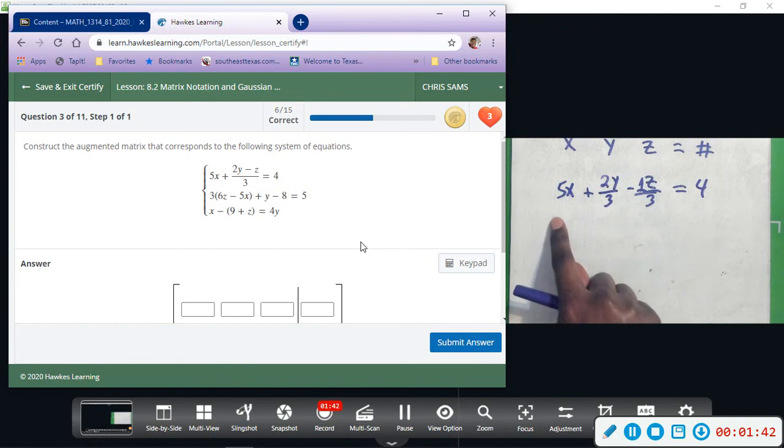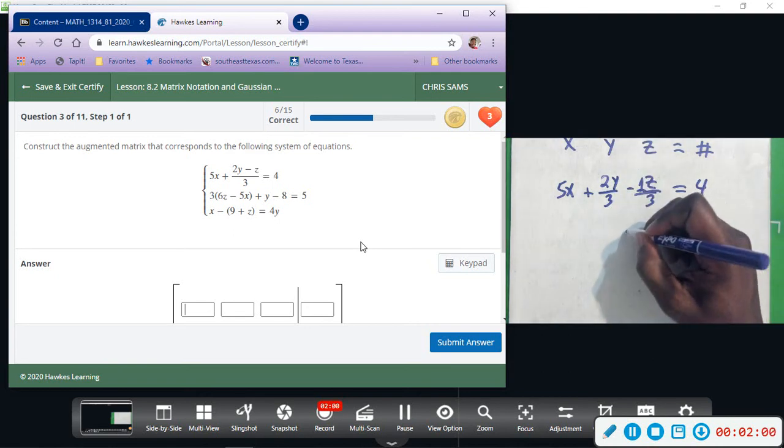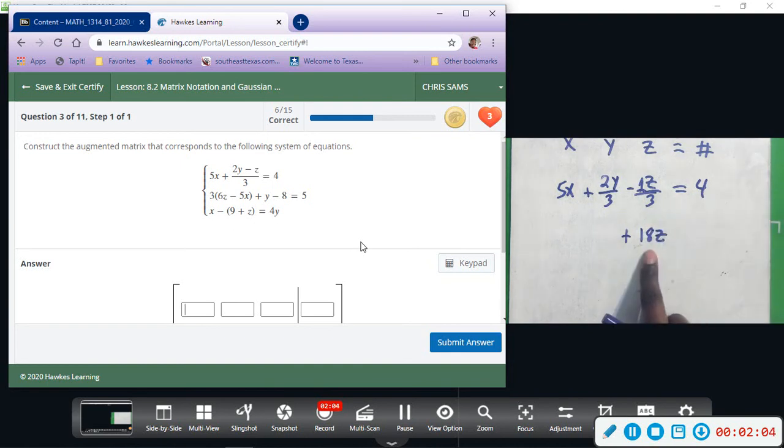Now the second one, we actually have to do a little manipulation. We have to distribute the 3 throughout, and I only see one x, y, and z. So I'm going to put them in their places. 3 times 6z is going to be 18z. Z is in the third position, and it's positive, so I'm going to put a plus 18z to line them up.